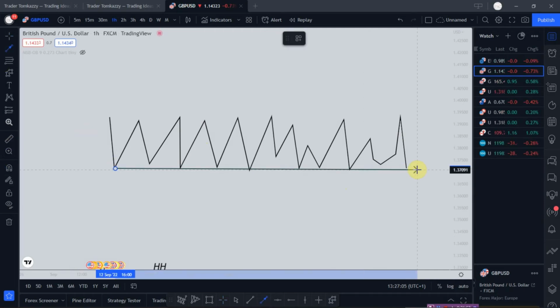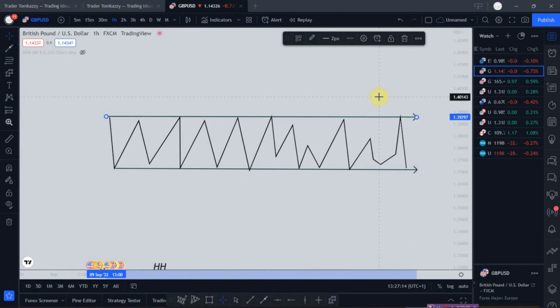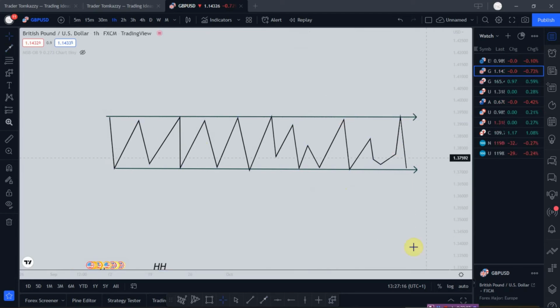So we call it equal highs and equal lows. That's what I call the consolidation market. The market is consolidating, or it is moving sideways. You can see that it's just going sideways. It is neither going up nor coming down.